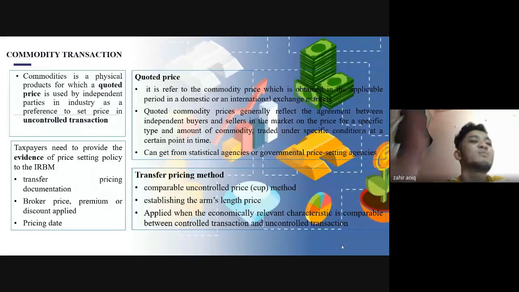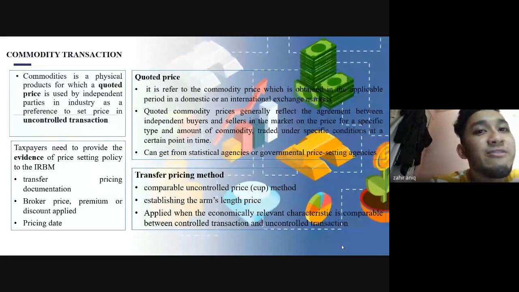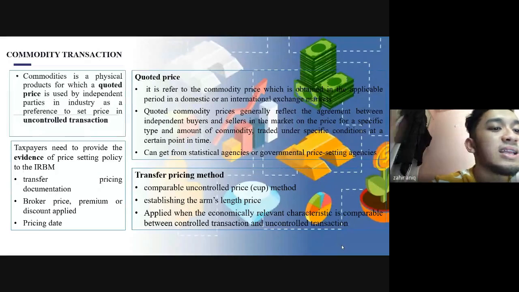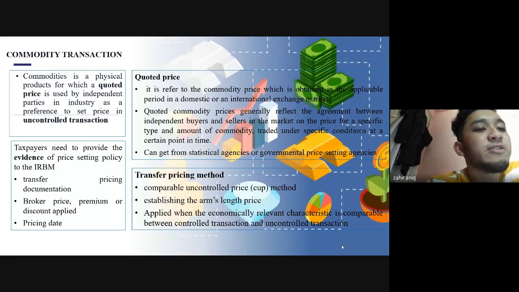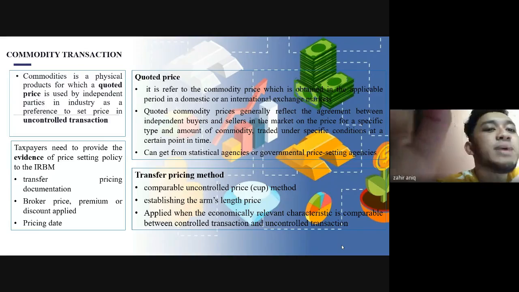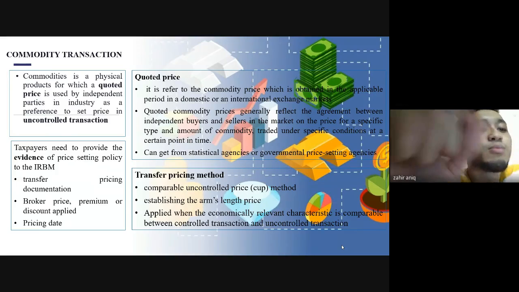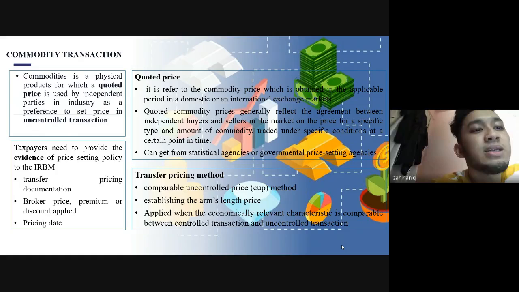The type of evidence that can be provided to the IRBM is transfer pricing documentation, meaning the agreement between the buyer and the seller, the broker price, or any premium or discount applied to the commodity transaction, and the pricing date.